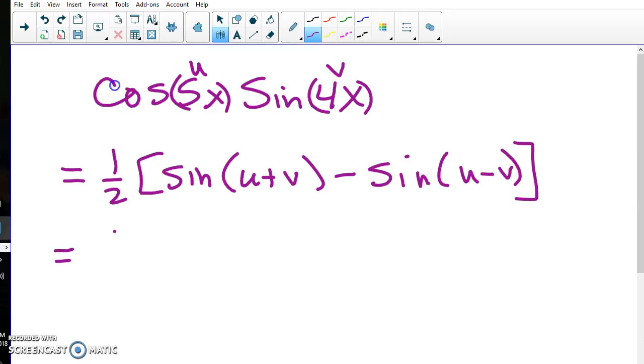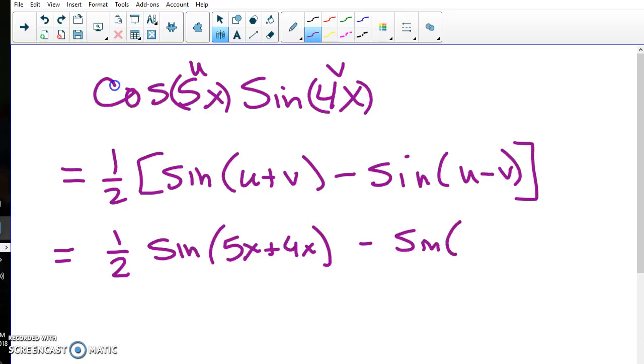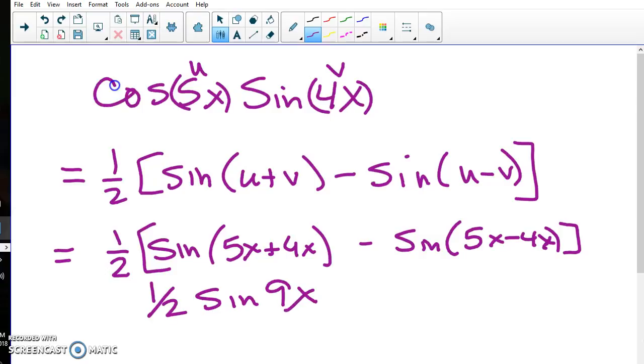We're going to end up with this. 1/2 the sine of u plus v would be 5x plus 4x minus the sine of u minus v, which would be 5x minus 4x. And then simplifying that, we get this: 1/2 sine of 9x minus 1/2 the sine of x. And that would be our final solution.